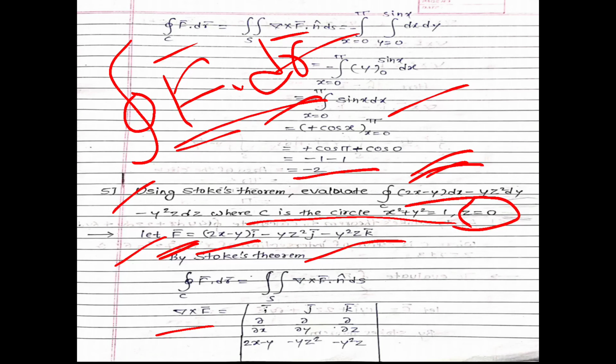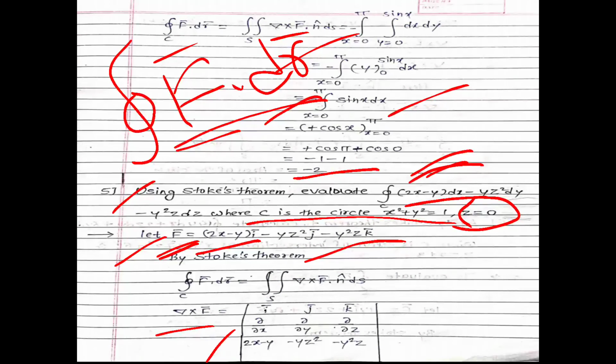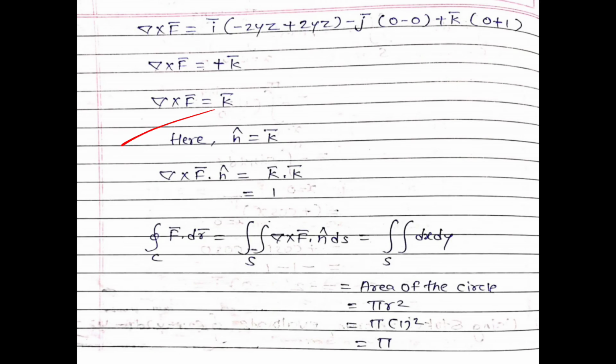So del cross f bar, we will write the terms in determinant form and solve it. After solving it, we will get del cross f bar equals k bar. And here, as it is talking about the x and y plane, the z axis will be normal to it, so n cap will be k bar, and after taking the dot product we will get 1.